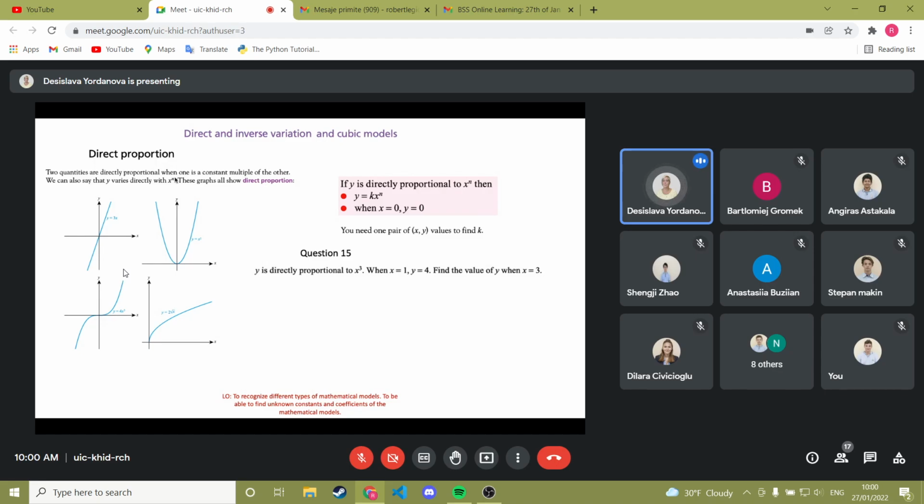How can we write the first sentence as an equation? Y equals x cubed. Can you look at the above?